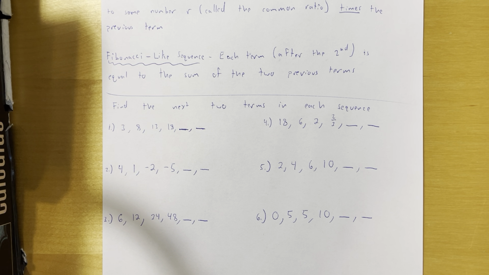The way we define those here is they are sequences where the first two terms are chosen arbitrarily, and then every term after the second is equal to the sum of the two previous terms. You grab the two terms that come right before whichever term you're looking at, add them together, and that should give you the next term of the sequence.